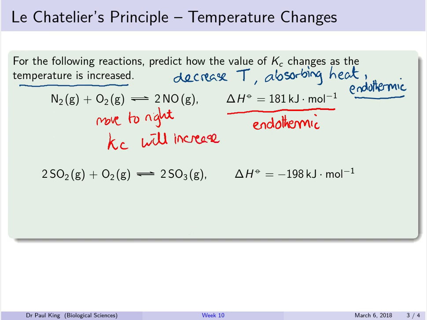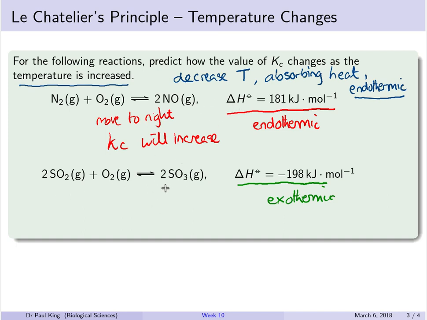If we look at the second reaction that we have down here, the enthalpy change for that process is minus 198, which means that the forward reaction is exothermic. And if the forward reaction is exothermic, the reverse reaction is endothermic. And that's the reaction that will be favoured, as we've already seen.